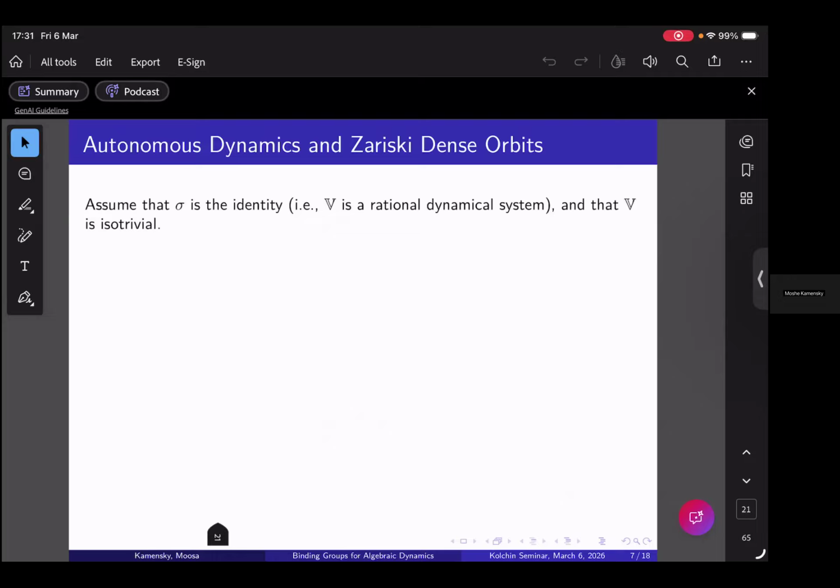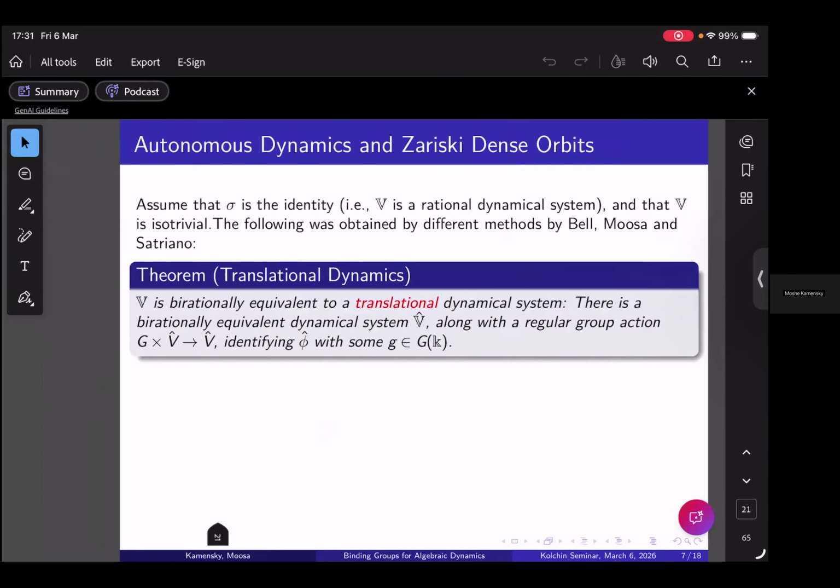Is there an algebraic group action that this dynamics comes from? So does it act like an element of some algebraic group with an algebraic group action?